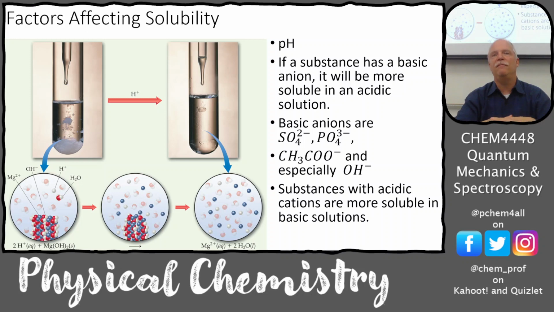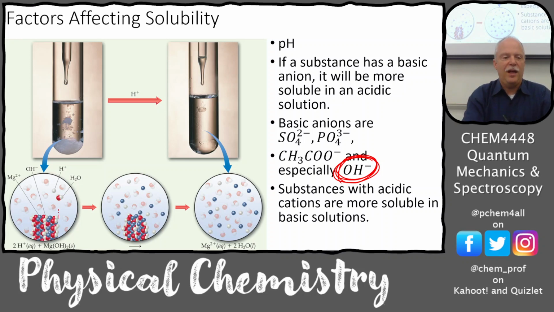And so you can actually undo one of these precipitates with pH if the anion is a weak acid or a weak base. So basic anions like sulfate, phosphate, acetate, and especially hydroxide are pH sensitive, and this is the big one here. So if you have any hydroxides, those are very pH sensitive.